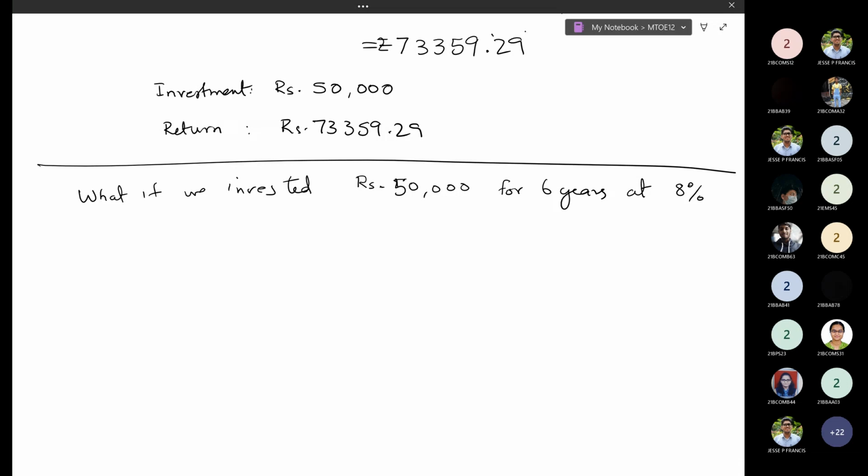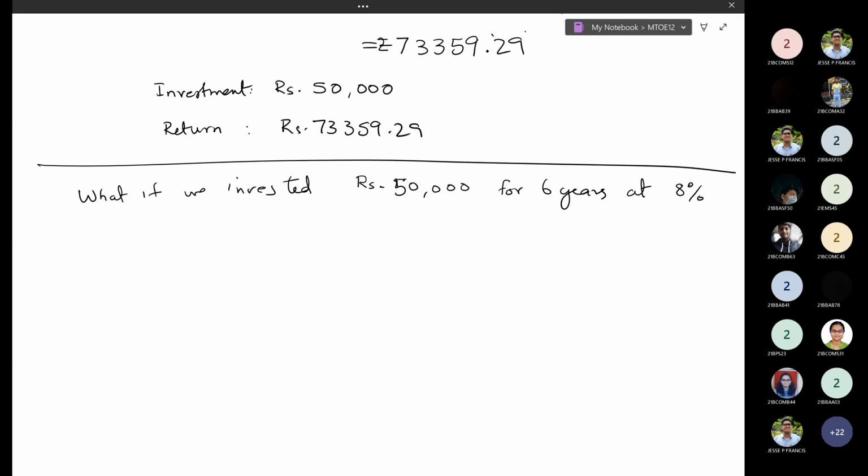So the maturity amount in this case will be equal to 50,000 into 1 plus R by 100, that is 0.08, compounded annually, to the power 6, which is equal to... what will this be equal to?